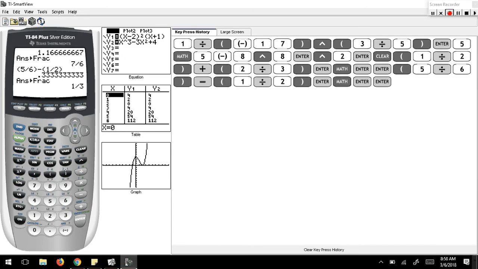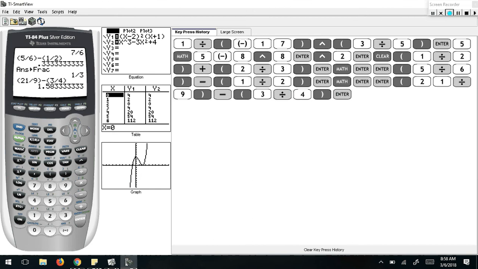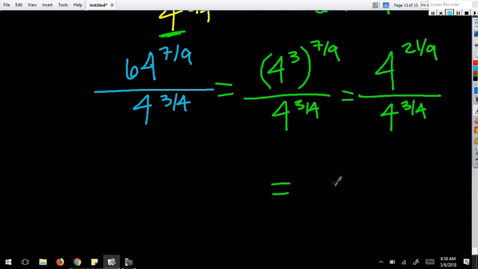21 over 9 minus 3/4. Was it 3/4? Make it into a fraction. That would have been nasty to try to do by hand, right?